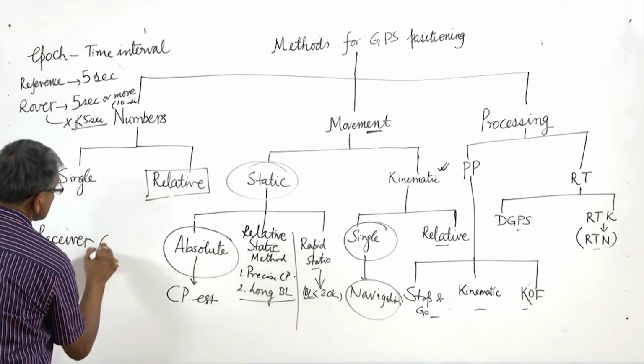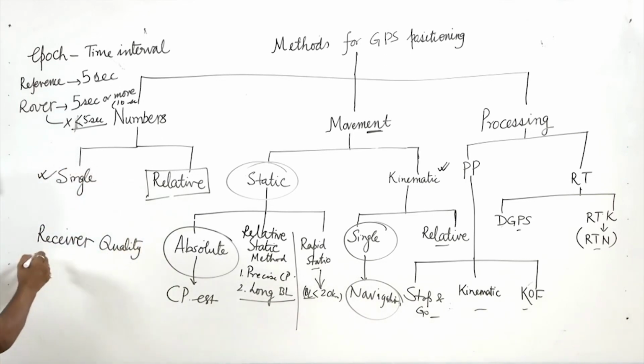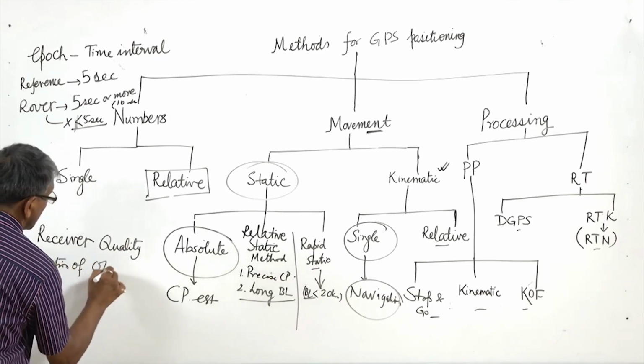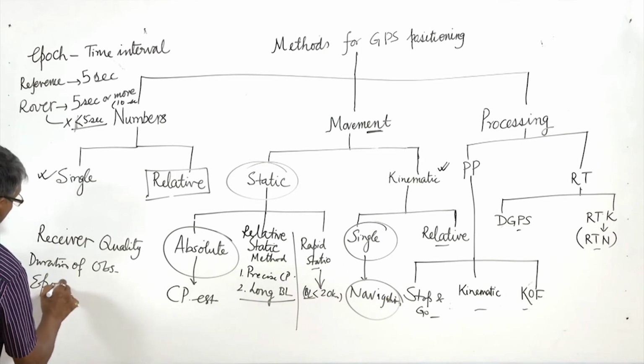Receiver quality means the quality of the data, then your time of observation, duration of observation, then epoch interval.